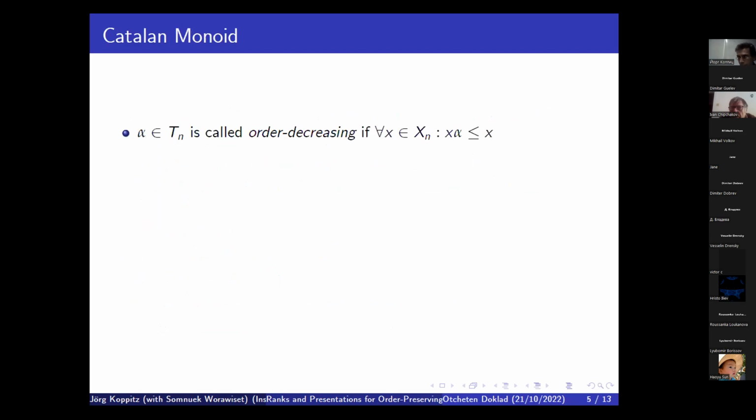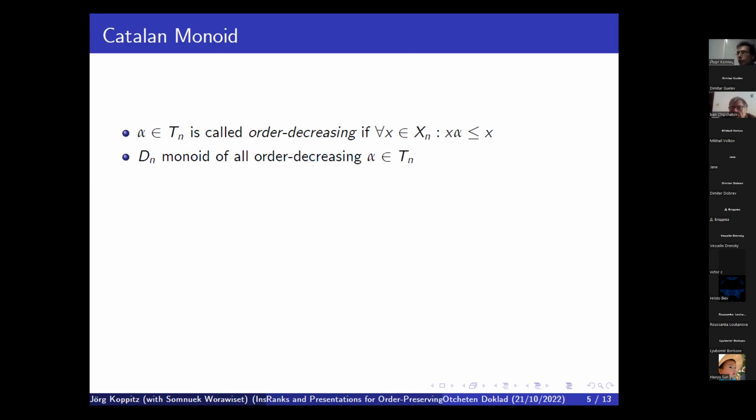Another semigroup which is very well studied is the semigroup of order decreasing transformations. What is an order decreasing transformation? That means that the image is smaller or equal to the input for all elements from the set X_n. Such a semigroup is usually denoted by D_n.